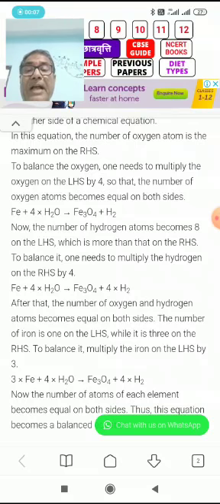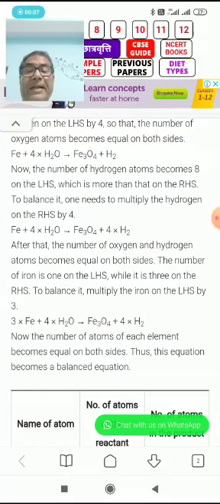Now the number of iron atoms is 1 on the reactant side while it is 3 on the product side. So to balance it, we multiply the iron on the reactant side by 3. Now the number of atoms of each element becomes equal on both sides.